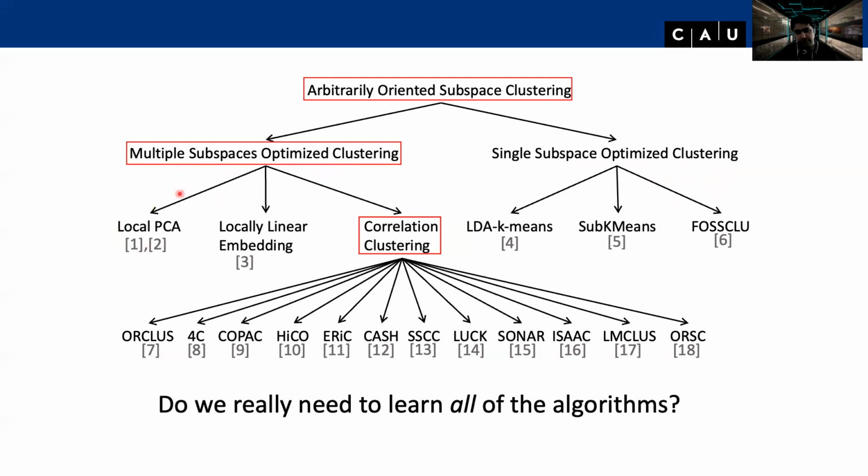There we have local PCA, as we have discussed before. Then there's another technique known as locally linear embedding. It is interesting that, for instance, local PCA was originally used in 1993 for nonlinear embedding, so to speak. And locally linear embedding is a method from the so-called manifold learning research field.